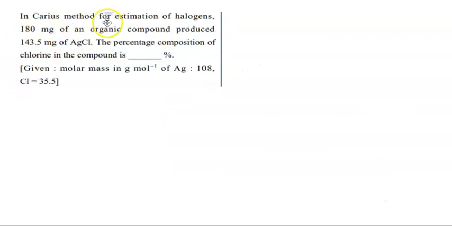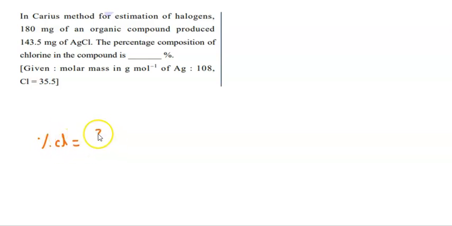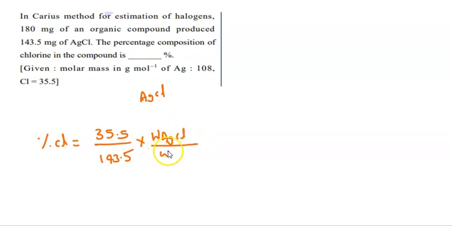In this question, in the Carius method for the estimation of halogens, 180 mg of an organic compound produced 143.5 mg of AgCl. The percentage of chlorine in the given compound is asked. We have the formula: percentage of chlorine equals 35.5 by the molar mass of AgCl, which is Ag 108 plus chlorine 35.5, that is 143.5, into the weight of AgCl produced by the weight of the organic compound taken, into 100.